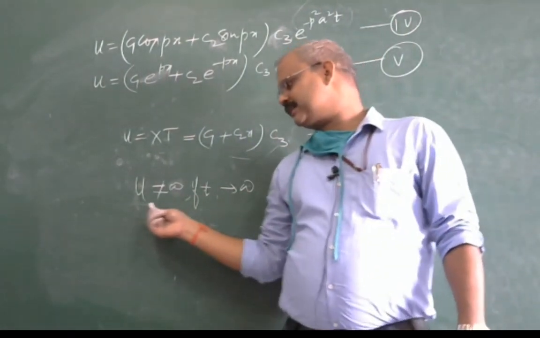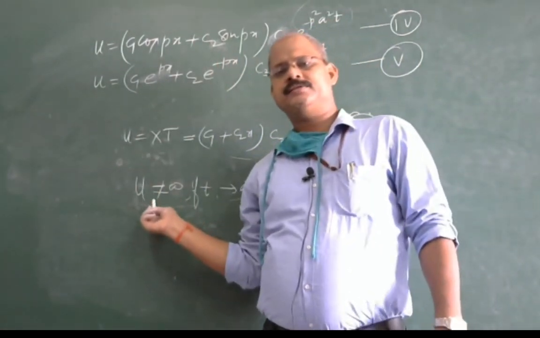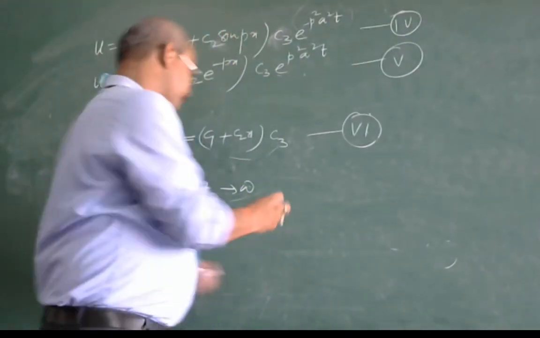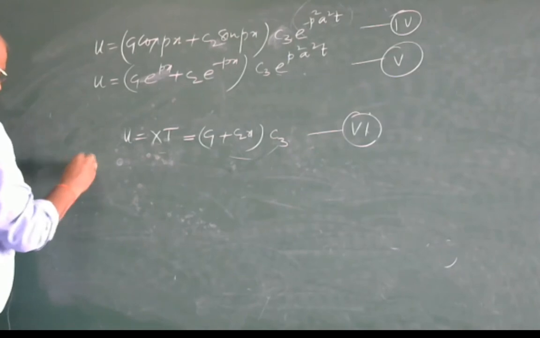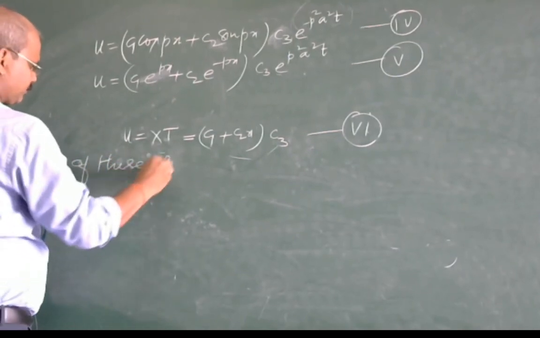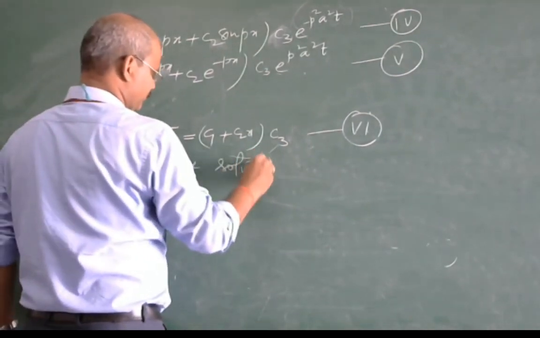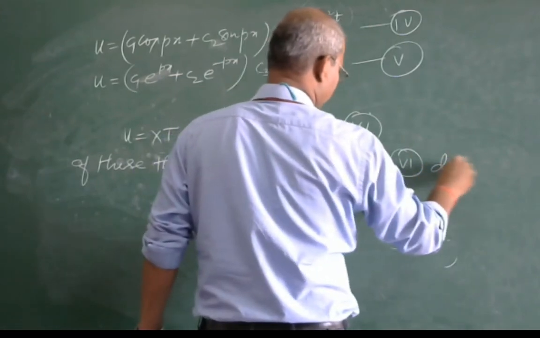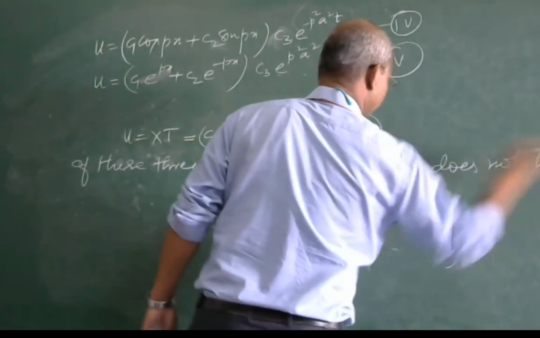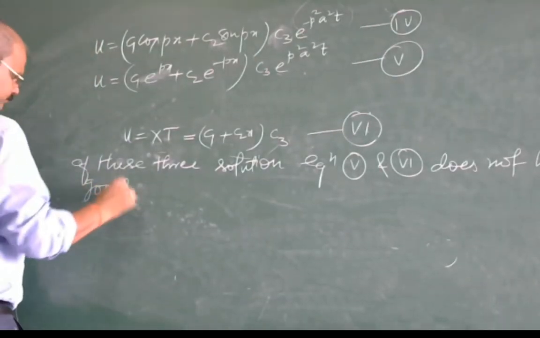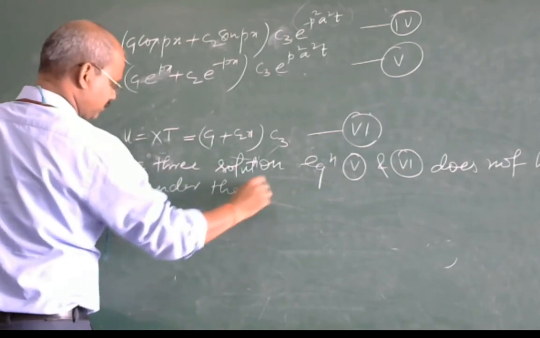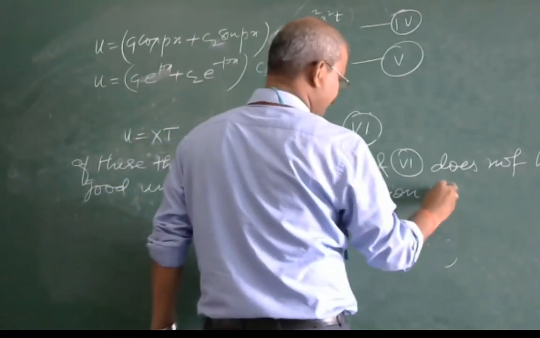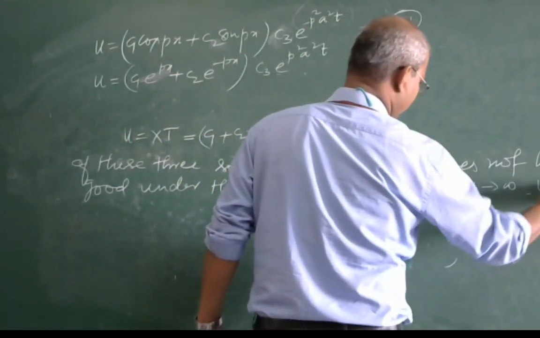So इस दिए गए शर्त पर सिर्फ पहला सोल्यूशन खरा उतर रहा है, पहला सोल्यूशन एक्सेप्टेबल है, इसलिए हम पहले सोल्यूशन की ही बात करेंगे। तो यहां क्या लिखेंगे, of these three solutions, equation fifth and sixth does not hold under the given condition, that is if t tends to infinity u does not tend to infinity.